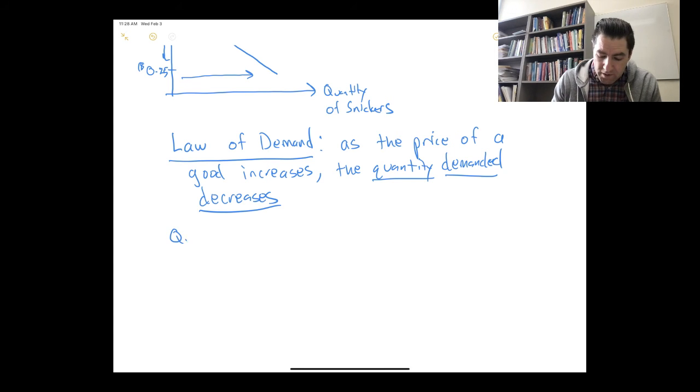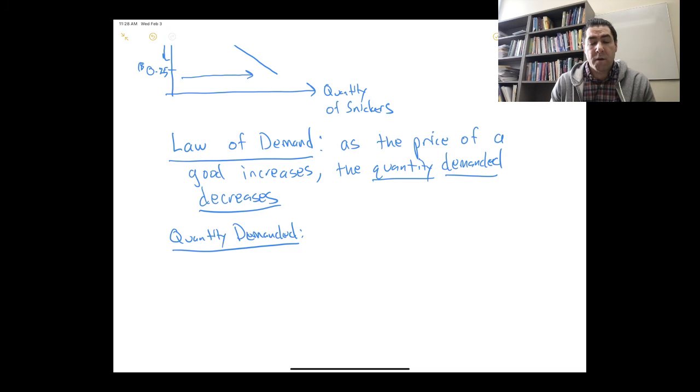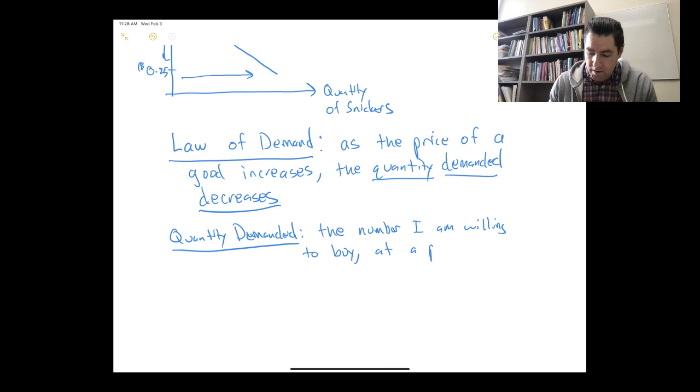So quantity demanded is the number of something I'm willing to buy at a particular price.